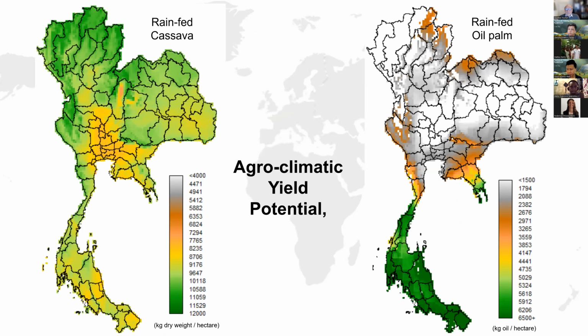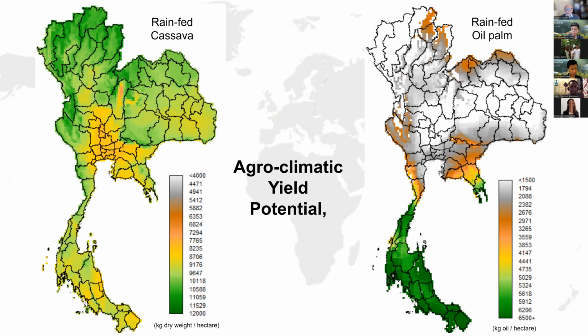The result of the agroclimatic simulations is what we call agroclimatic yield potential. You see here two examples from a national study of Thailand. On the left-hand side, you see the calculated agroclimatic yield of cassava in dry weight, kilograms per hectare. And on the right-hand side, you see the same for oil palm, kilogram of oil per hectare.